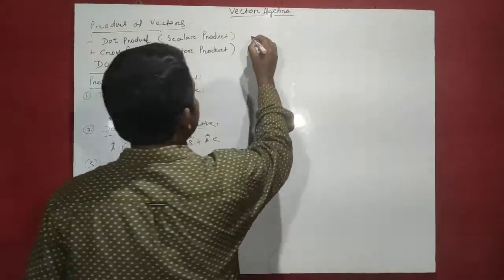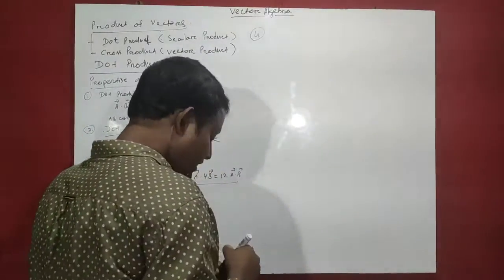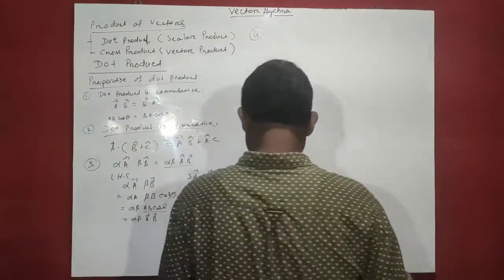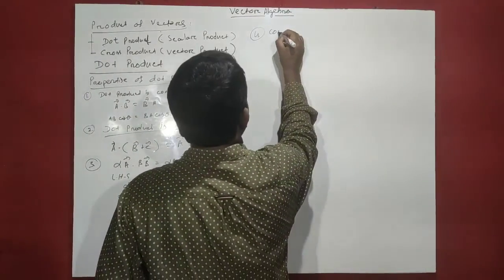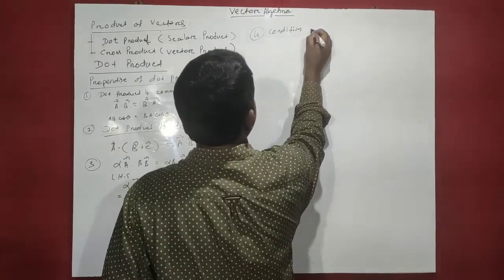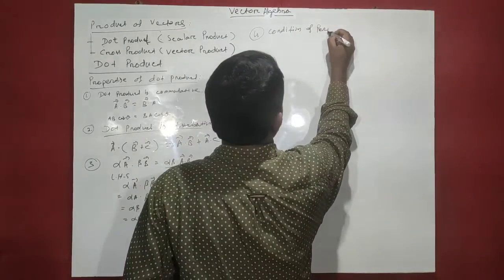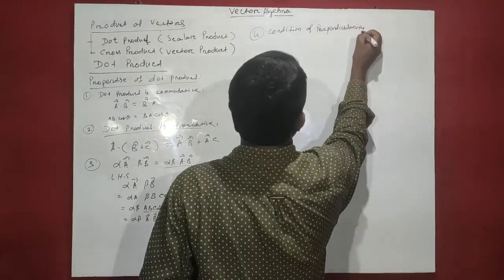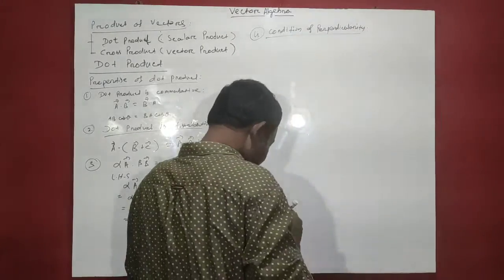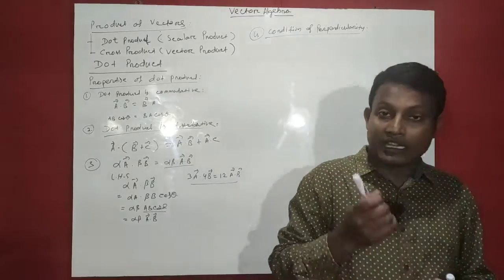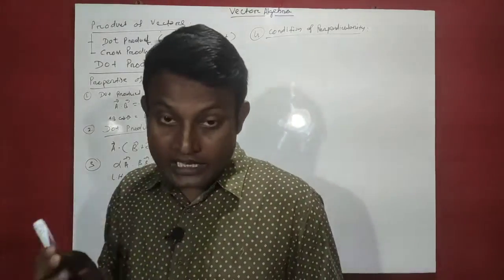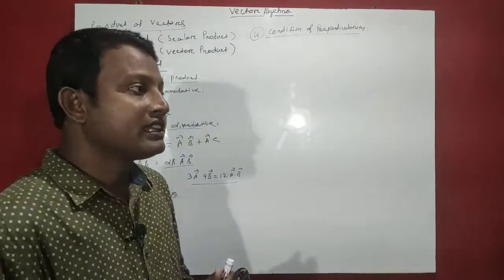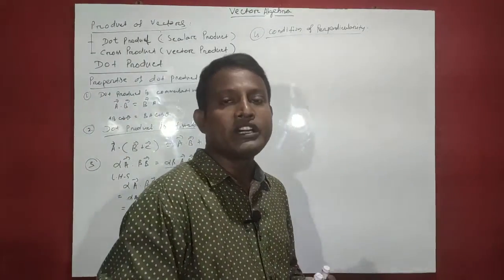Next, the fourth property is the condition of perpendicularity. If the dot product of two vectors is 0, then these two vectors are perpendicular to each other.